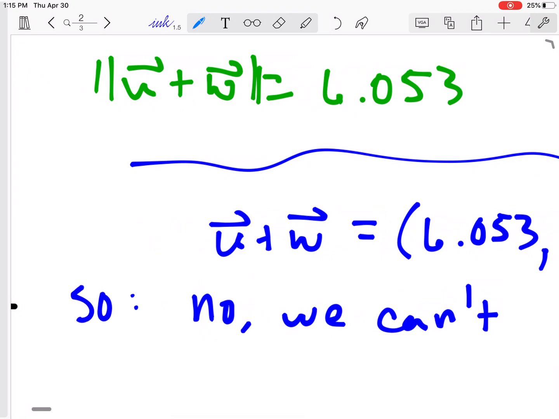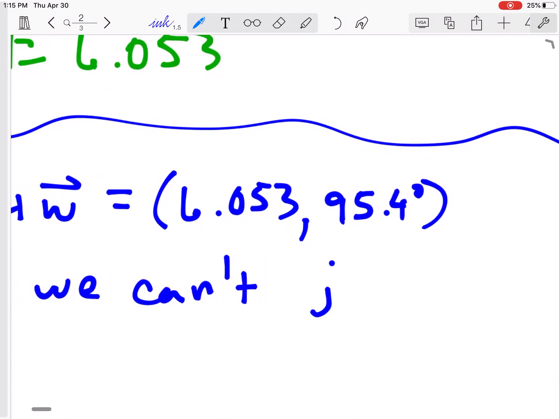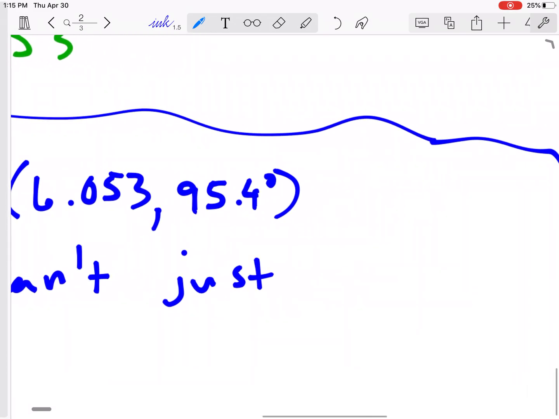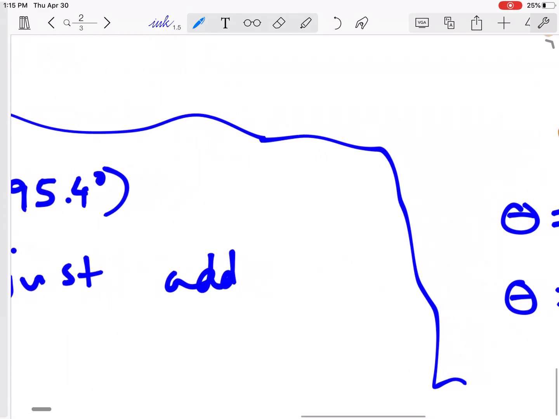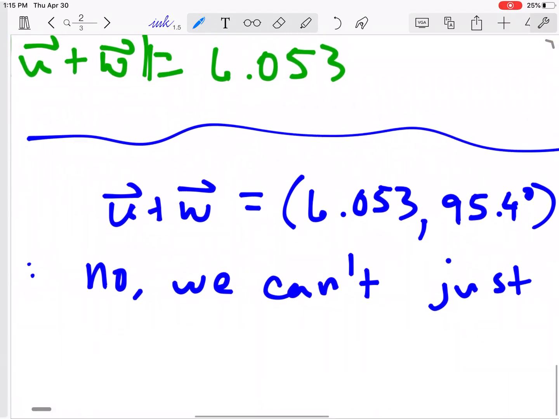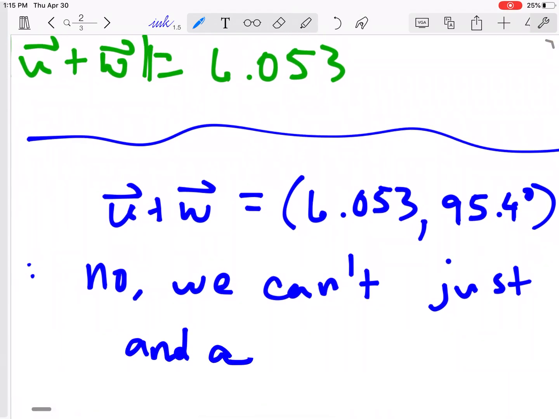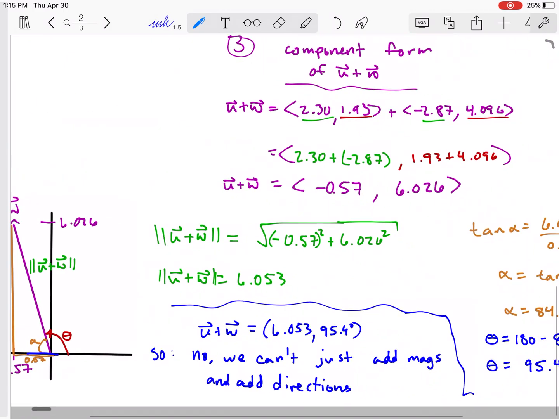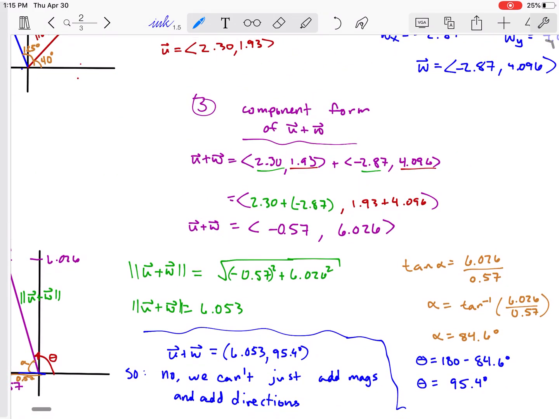So in terms of Jonah, no, we can't just add magnitudes and add directions. We have to find the components. This is why converting to component form is useful. We have to find the components, add the components together, and then convert back to magnitude direction form.